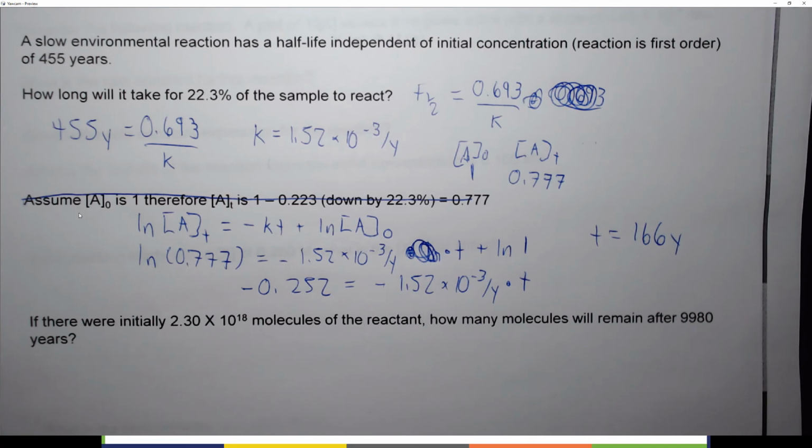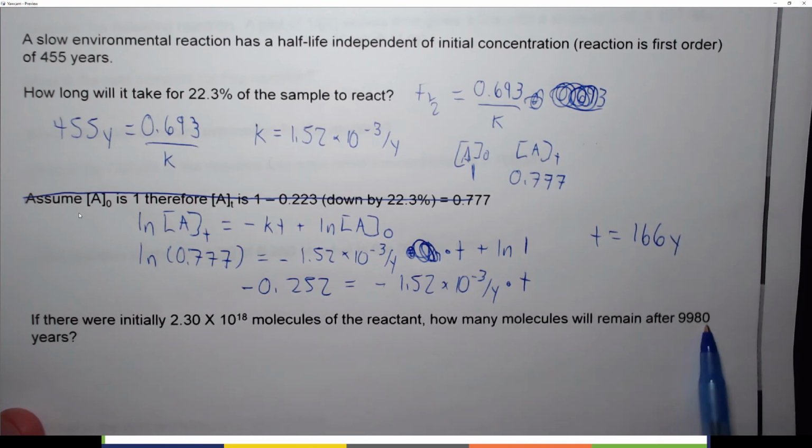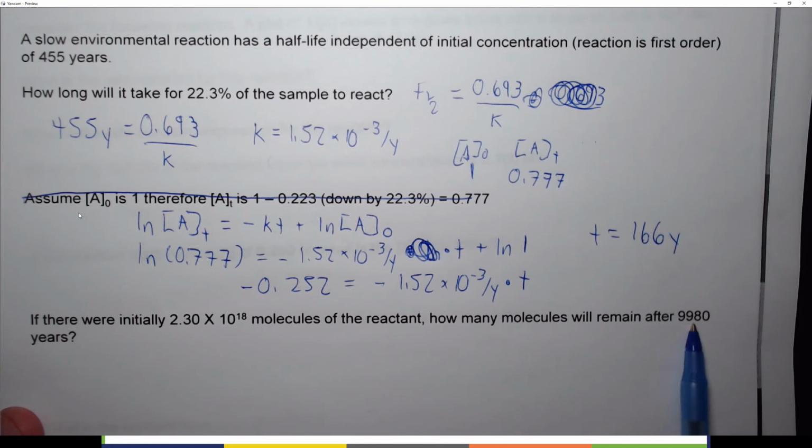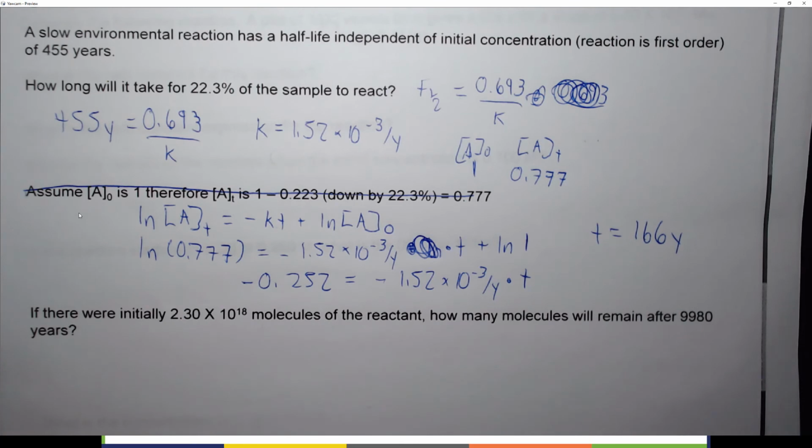All right, next question. It says, if there were initially 2.30 times 10 to the 18 molecules of reactant, how many molecules will remain after 9,980 years? It turns out we're going to use the exact same equation as before.